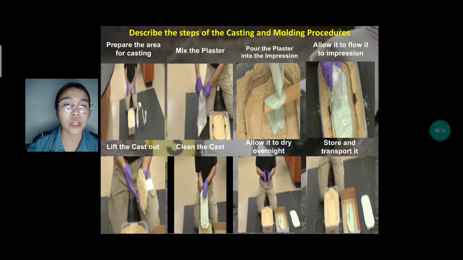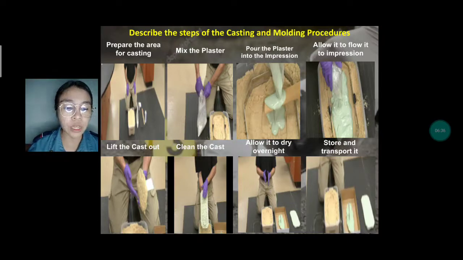Then, allow it to dry overnight. So, make sure po natin na tuyo pong mabuti yung cast bago natin alisin and para maiwasan nga po yung pagka-damage and para hindi po mabago kung ano man po yung impression na kukuhanin natin.